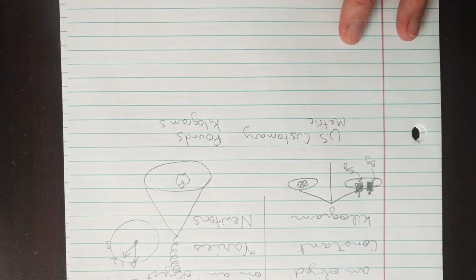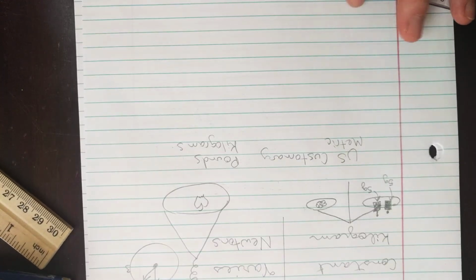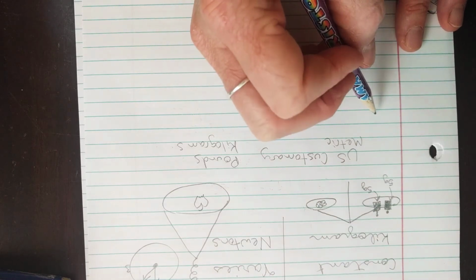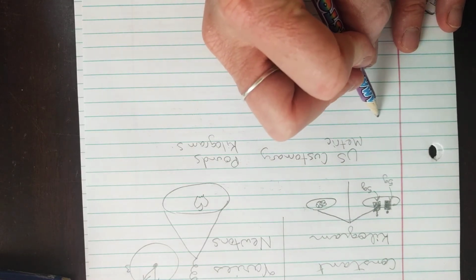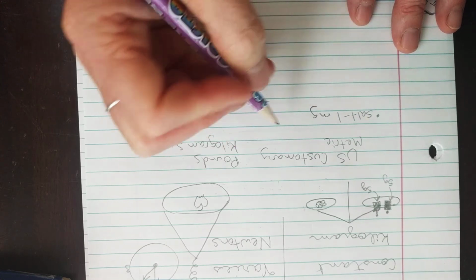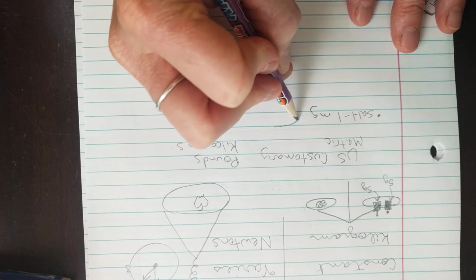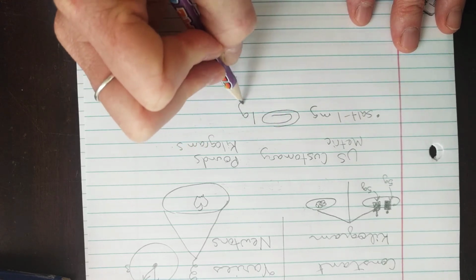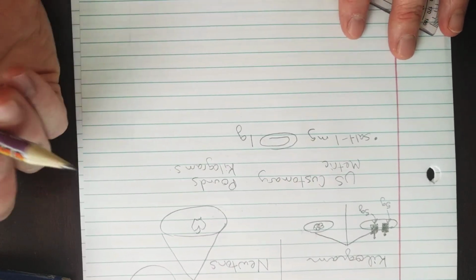Okay. So they're giving you some things that they're telling you the mass of. A grain of salt, this one little piece of salt, is about 1 milligram. A paper clip is about 1 gram. And a math book is 1 kilogram, depending.